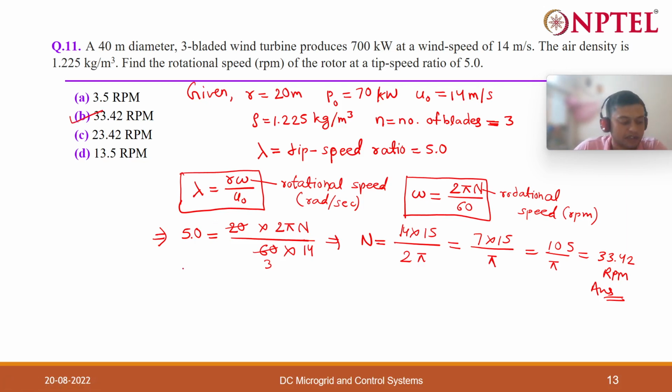Now in this question, if anyone has asked what should be the optimal tip speed ratio, I just want to tell you the formula so that if that type of question comes in the exam, you might be able to answer that.